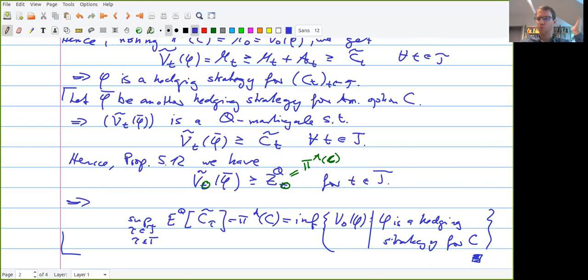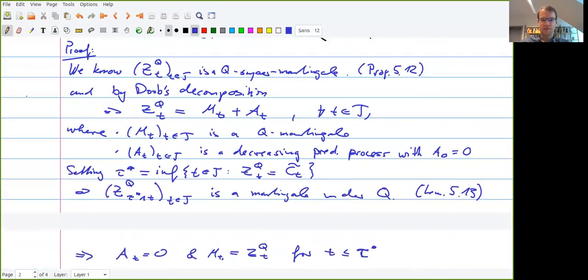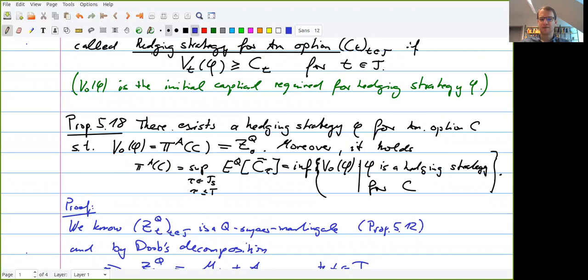So we have seen now the buyer is willing to pay this arbitrage-free price, because he can find an optimal exercise strategy. And we have seen in this proposition that the seller of the option is also willing to sell it for the arbitrage-free price, because she or he can find a hedging strategy to hedge herself against the obligation coming from this American option.